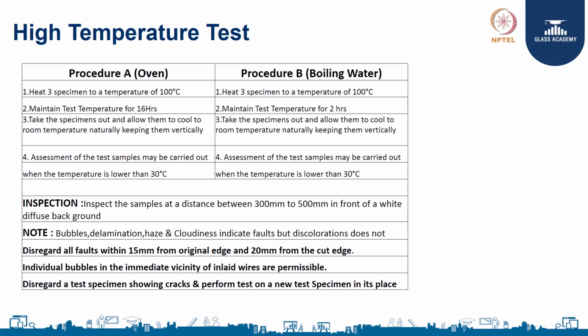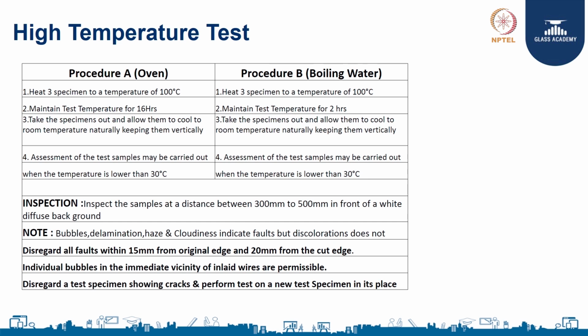After that, we do the assessment when the temperature goes down to 30 degrees centigrade. Inspect the samples at a distance between 300 to 500 millimeter in front of a white diffuse background. Note, bubbles, delamination, haze and cloudiness indicate faults, but discoloration does not.